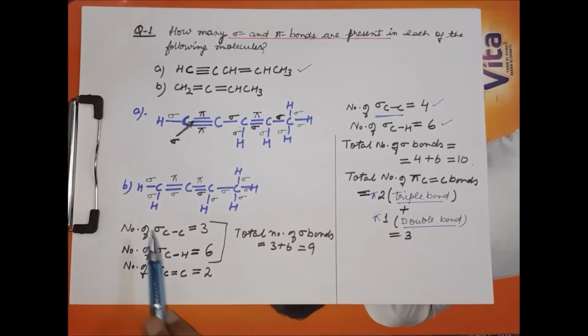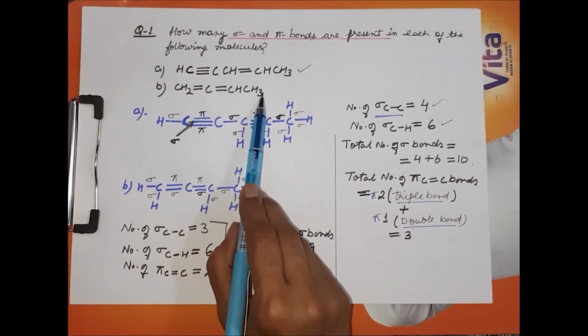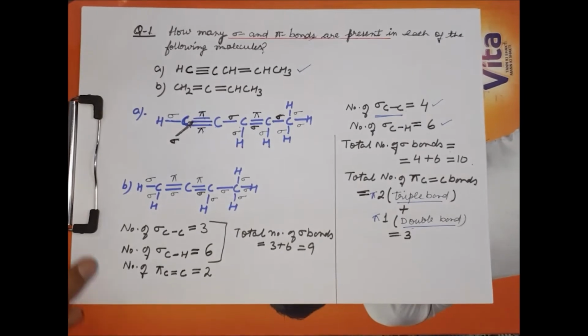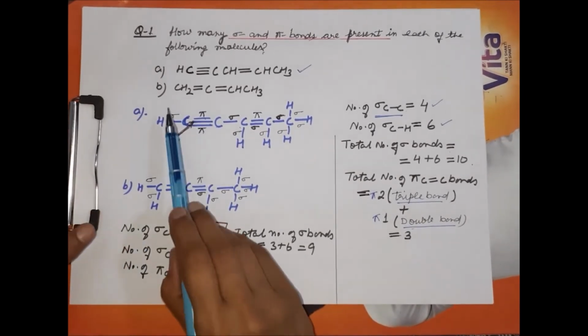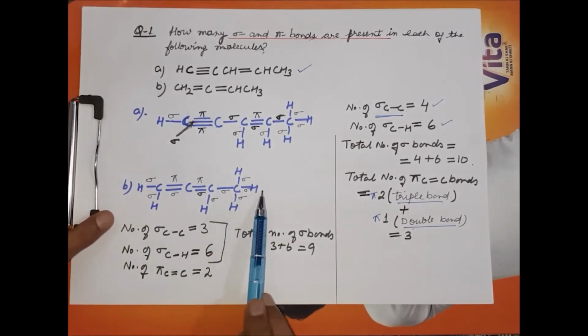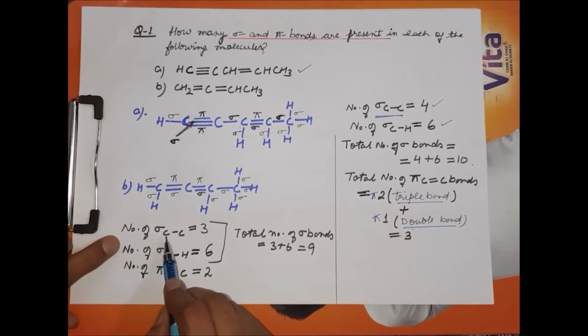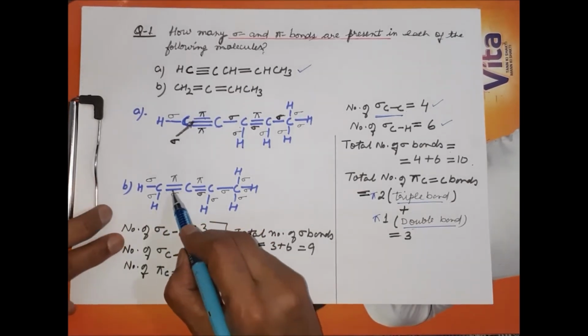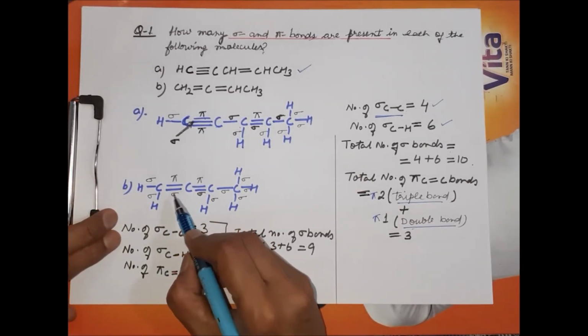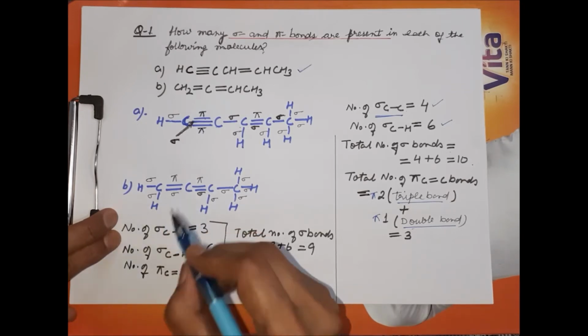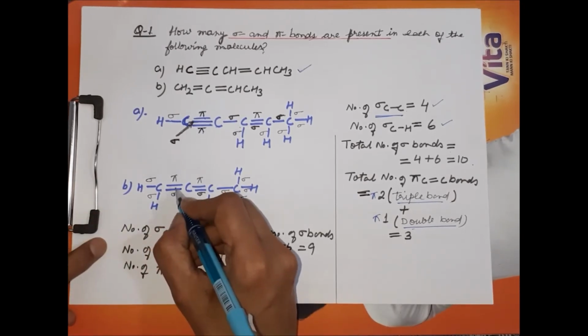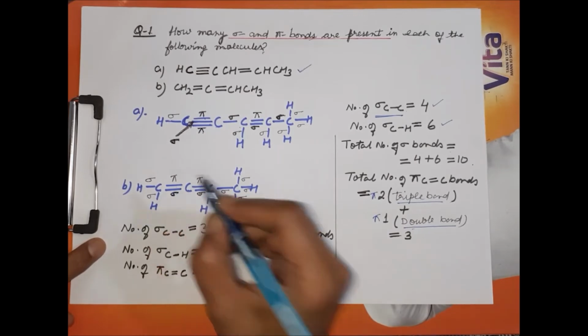So next, this is the next example. We can write it again in the expanded form. I have written it here. First we can count the number of sigma C-C bonds. This is a double bond between two carbons, and among this, one will be the sigma.